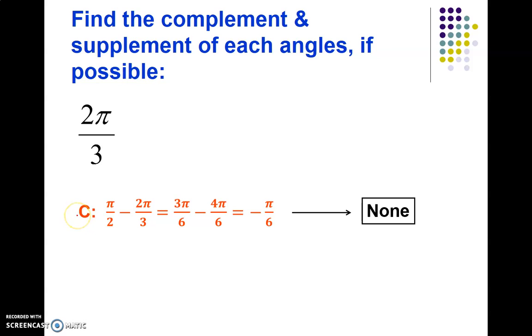In the complementary angle, there is none, because if you subtract 2 pi over 3 from pi over 2, it will give us negative pi over 6, which is not a complementary angle because this one is negative. How about supplementary? The supplementary now is pi over 3, which is equal to 60 degrees. Okay?